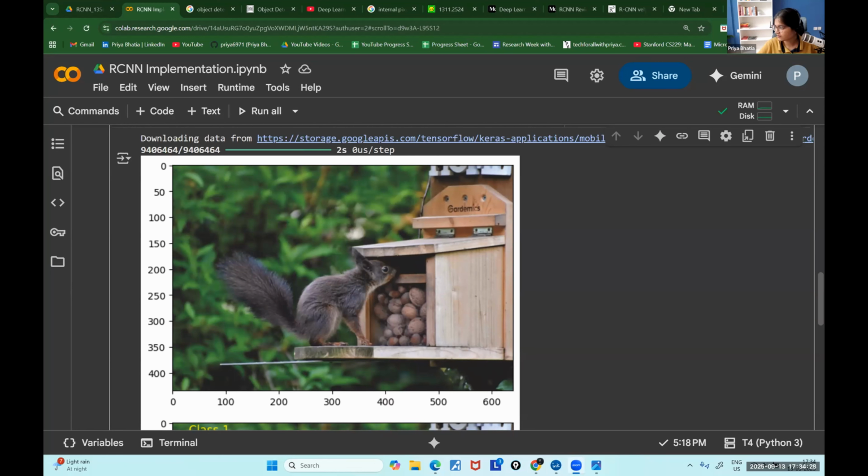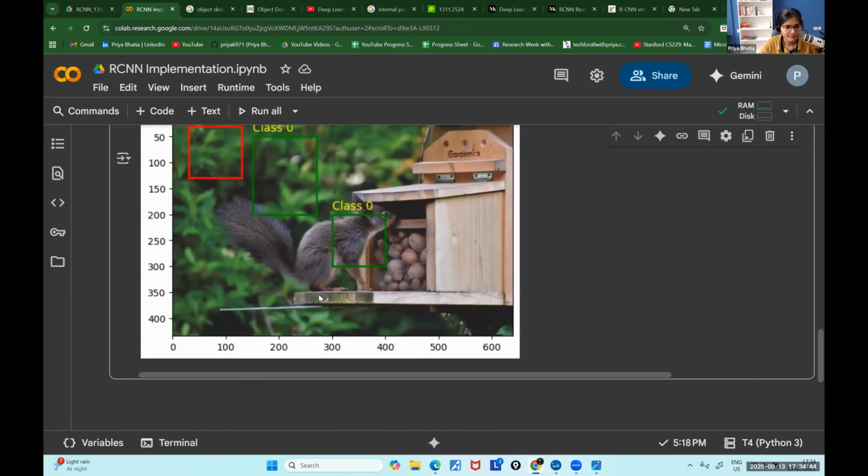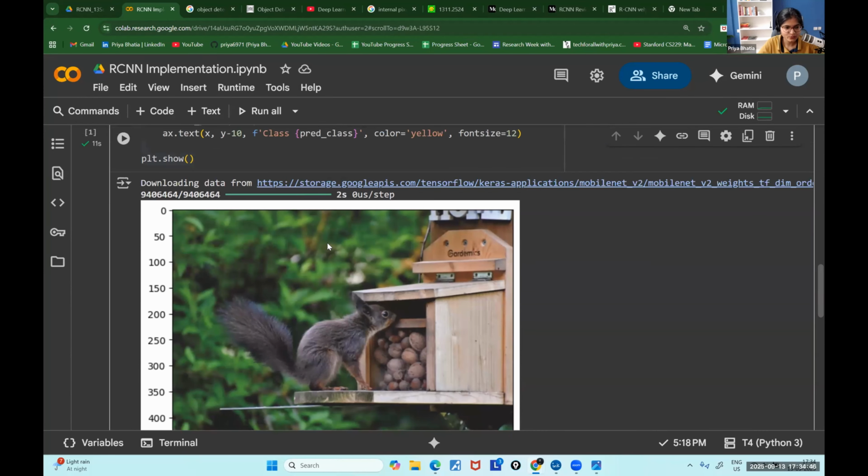Any questions? What I'm trying to convey over here? Any guesses why it is detecting this specific area?